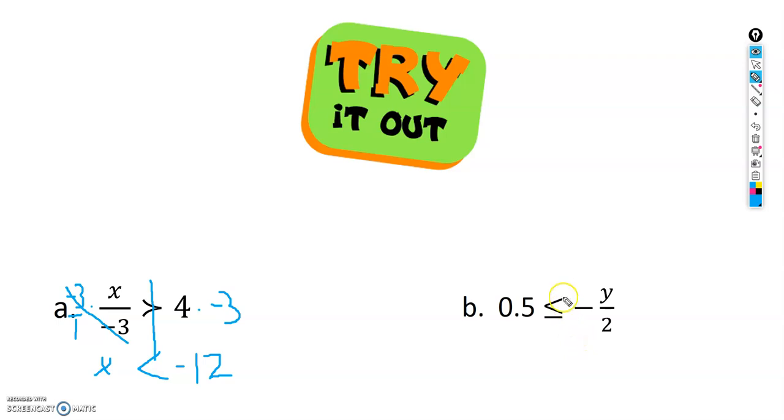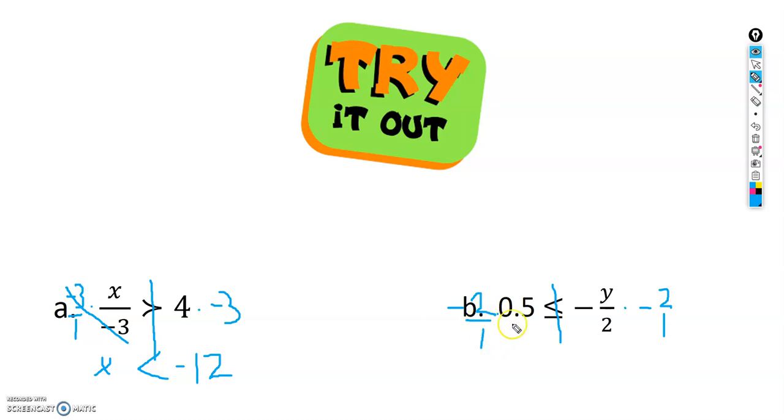Let's try it over here. I have a fraction on top. I know that this is the same as a negative 1/2 y, so I'm going to multiply by the reciprocal, which is negative 2 over 1. What I do on one side, I do on the other, times negative 2 over 1.